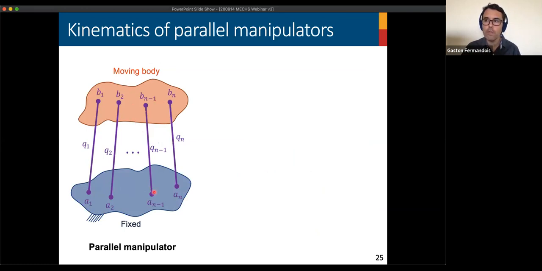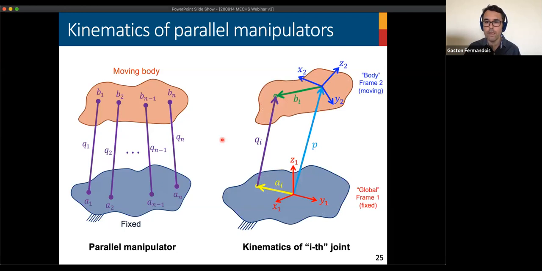And both bodies are connected through prismatic joints, or in this case, actuators. So we have N actuators. If each actuator or each joint is extended or retracted, the moving body is going to have a change in its position due to the kinematics of the problem.